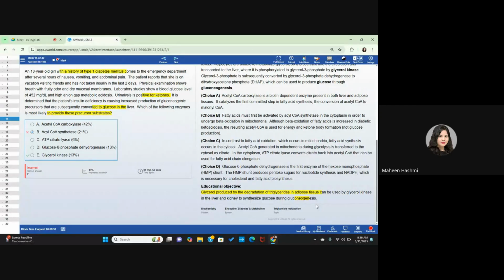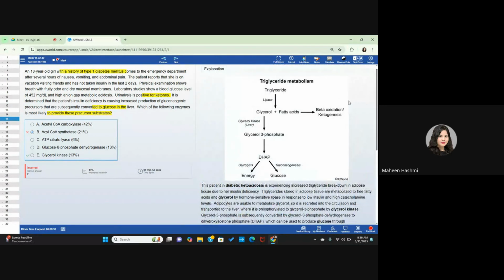Triglycerides are a great source of glucose because they not only convert themselves into glycerol, which further goes on to produce glucose, they also break down into fatty acids. And fatty acids we need. Why? Because they get converted into ketone bodies, and ketone bodies are a reserve for our body so that they can help us if we are starved or haven't eaten for long. So ketones are a major backup plan for the body.